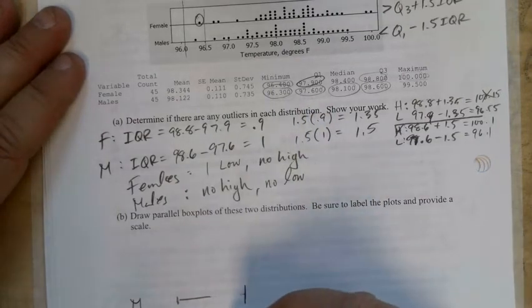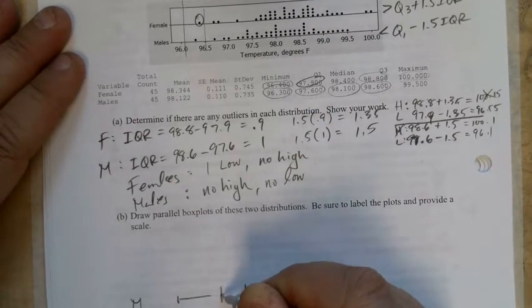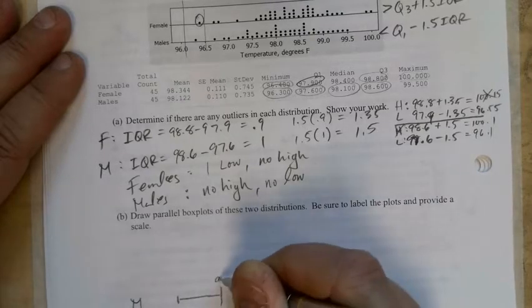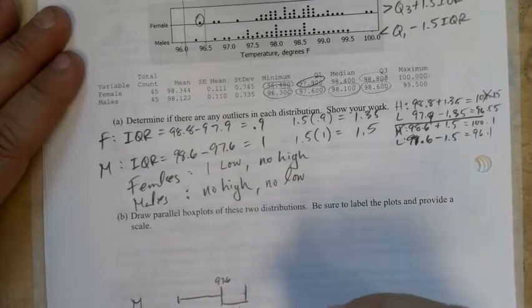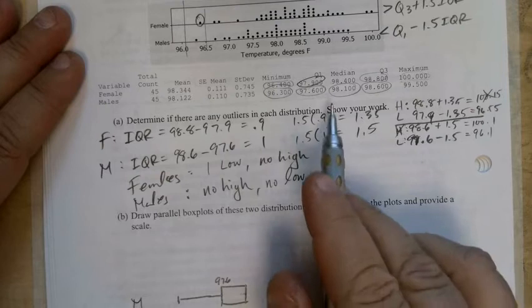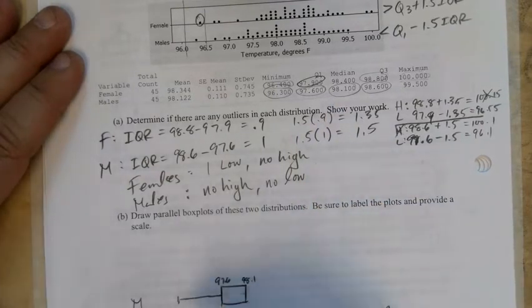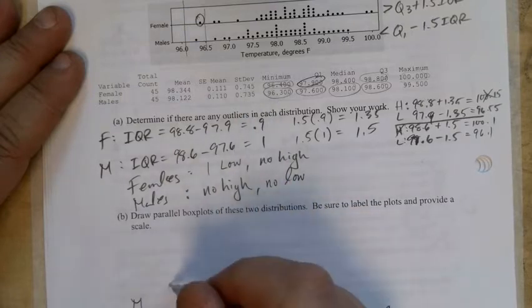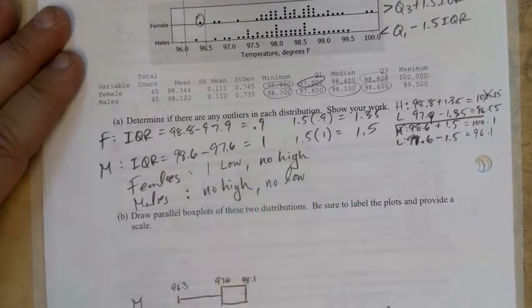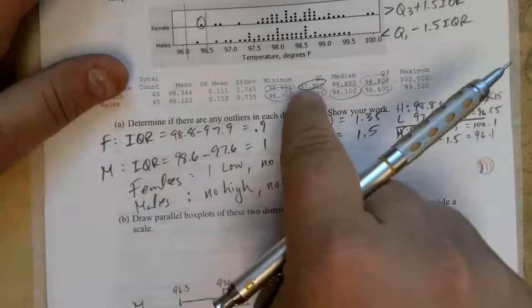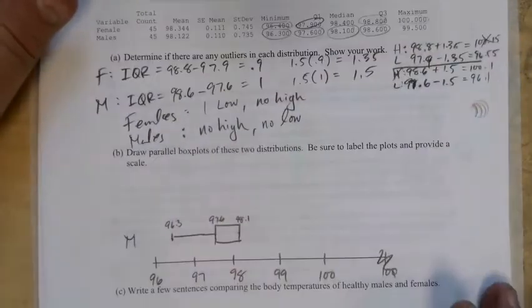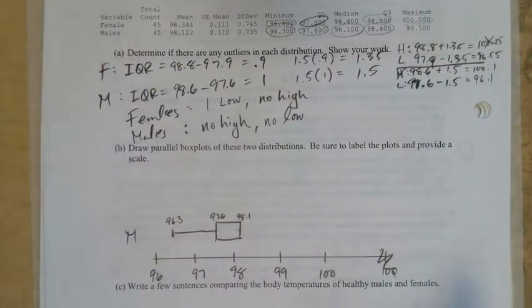So 97.6 is a little more than halfway right there. This is 98.1, and this is 96.3. I'm looking back and forth between this and this up here. Okay, that shows both. Good.